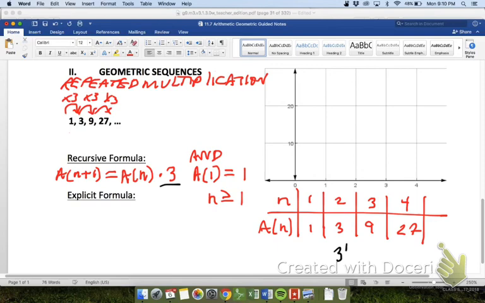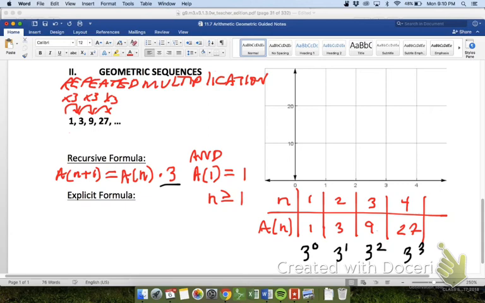And then if I keep going to the right, to get from 3 to 9, I multiply by 3, right? So this has to be 3 to the second, and then I multiply that by 3. So that's 3 to the third, right? And then I can also go back to my 1 and realize, oh yeah, that is 3 to the 0, because anything to the 0 power is 1.